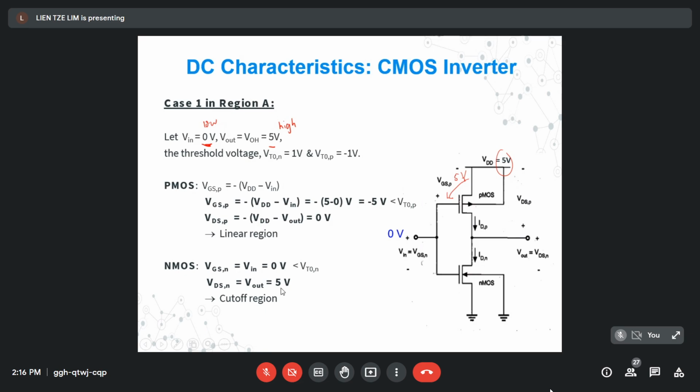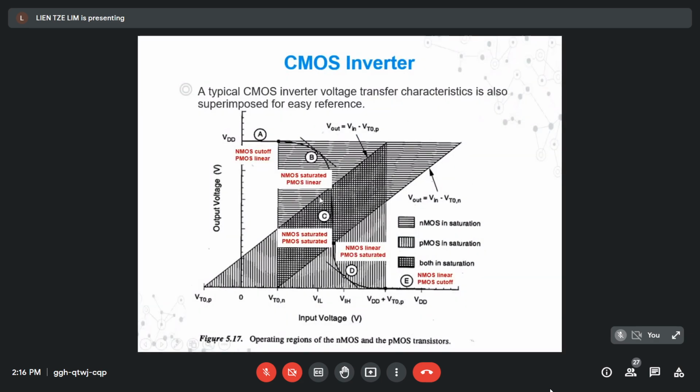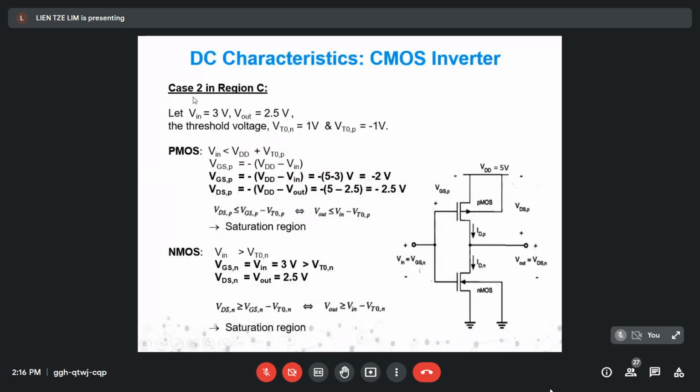So this is how we should evaluate the CMOS inverter using VGS and VDS. Later I will talk about the VTC. I will continue to case 2.